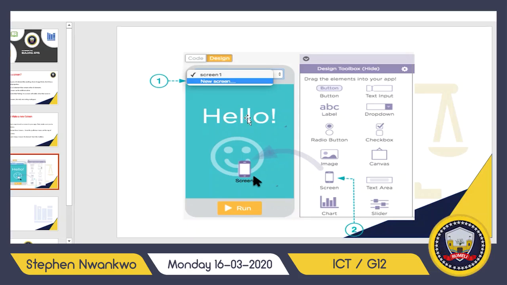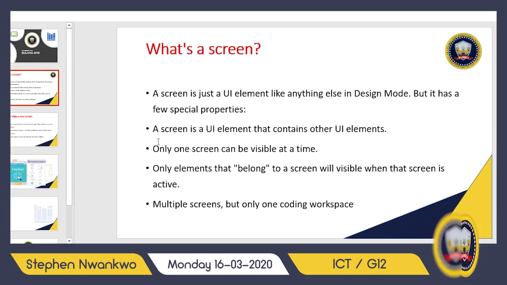We have the hello. The hello is what? The hello is a label. And we also have the icon. The icon is what? Part of what? An image. So that justifies the number one property of the screen, which says that a screen is a UI element that contains other UI elements.